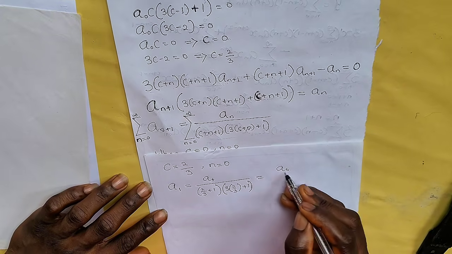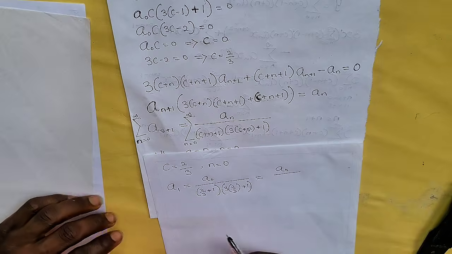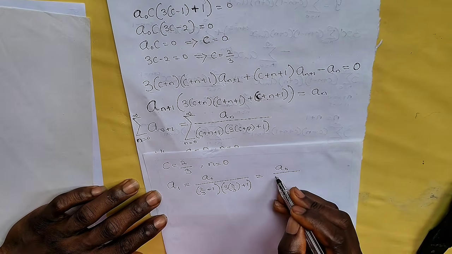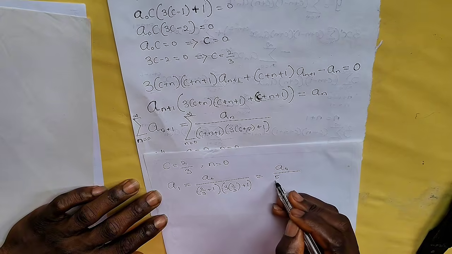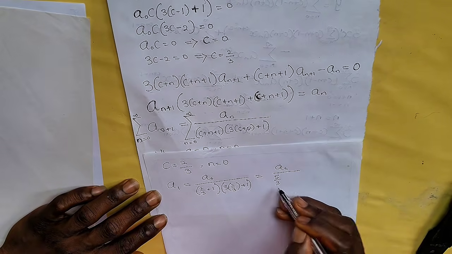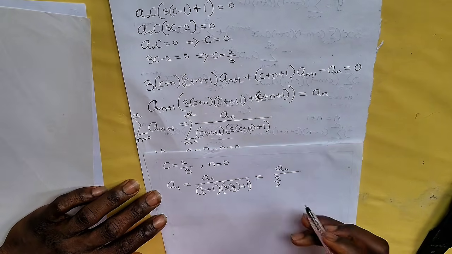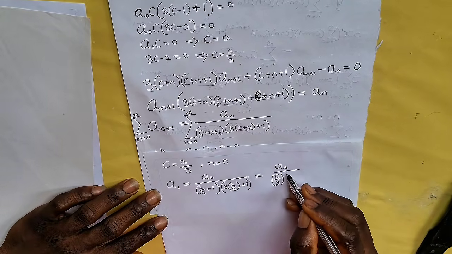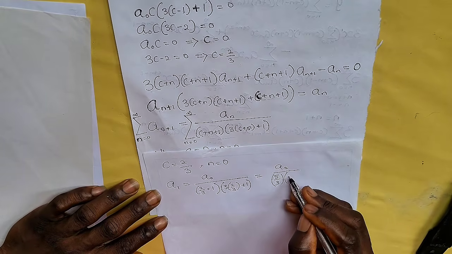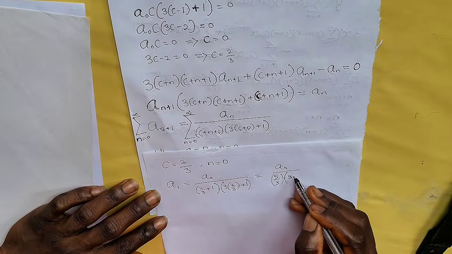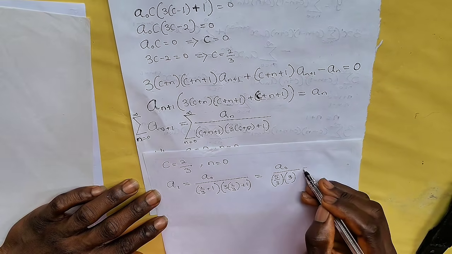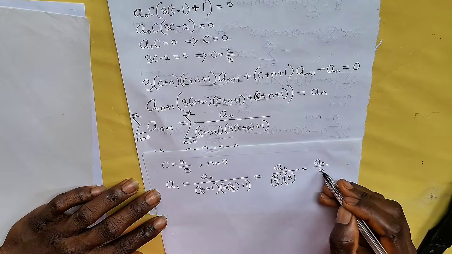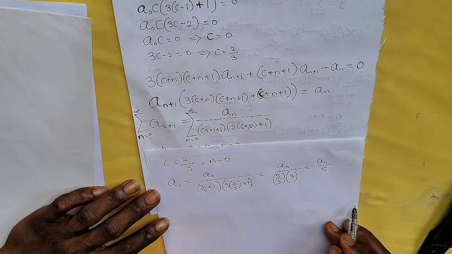We have a0 equals, so when I add this, this should be 5 over 3, right? You can press that in your calculator. 5 over 3 multiplied by 3, is it not? So when I multiply this together, I'm going to have a0 over 5. Okay.